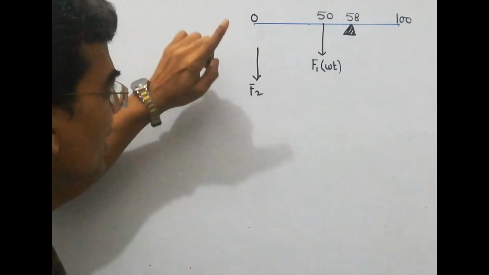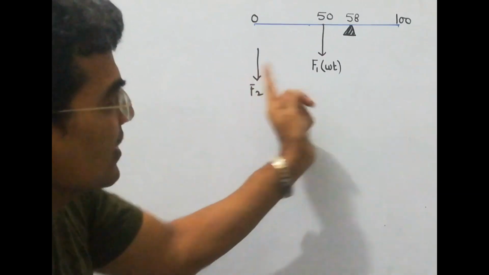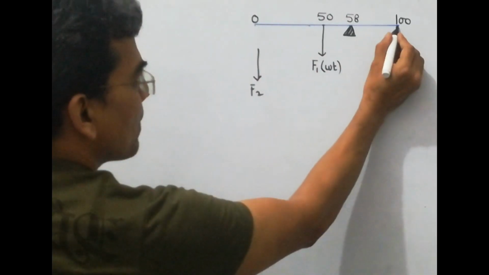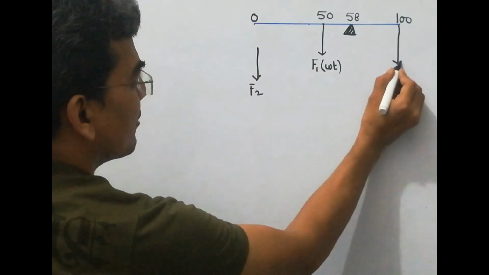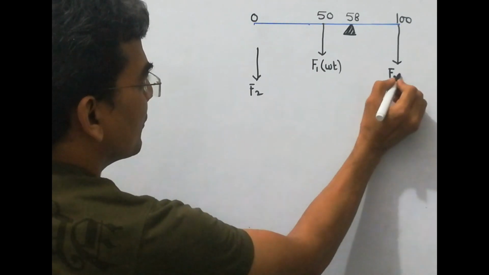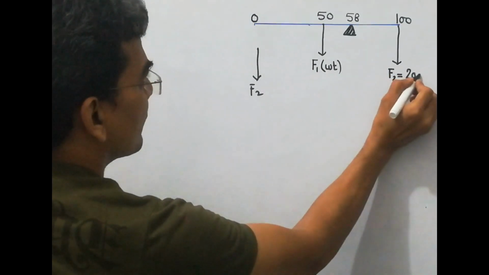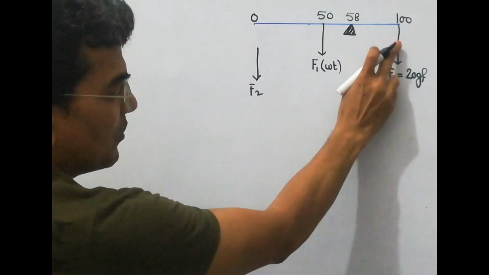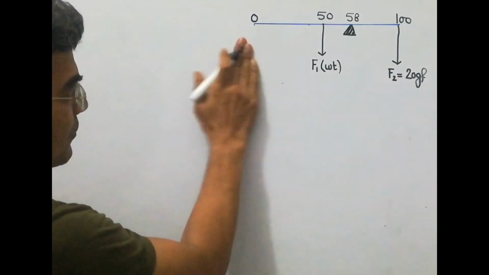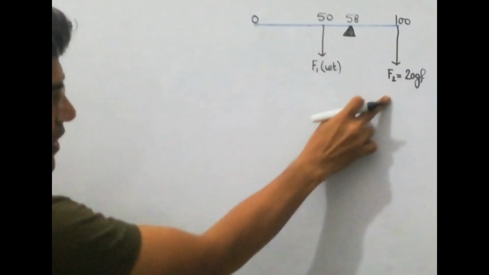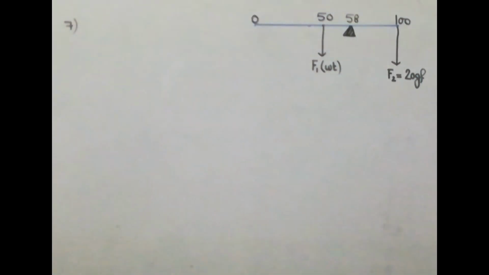So that means the other force should be placed at this end. So I'm going to place that force F2. Now this will produce clockwise moment like this, which can balance the anti-clockwise moment produced by the weight of the scale. Hope this point is clear to you.